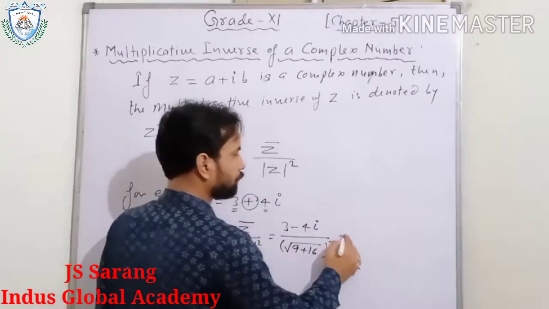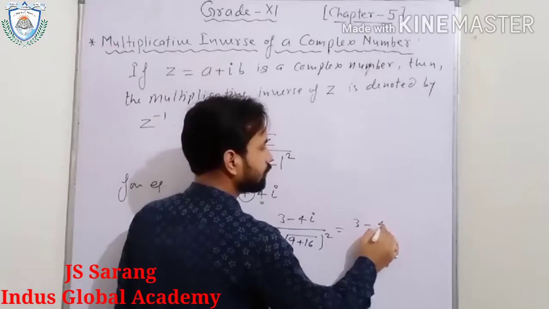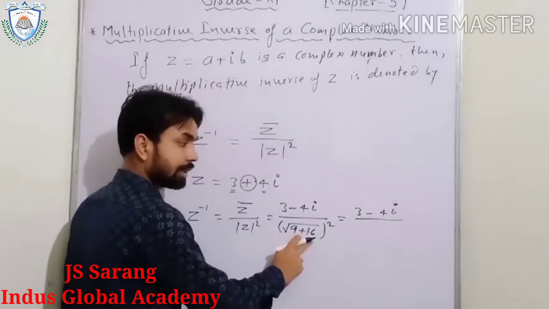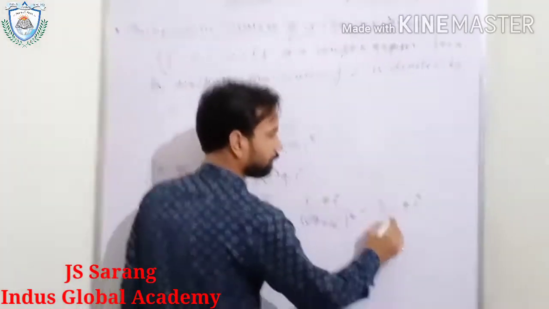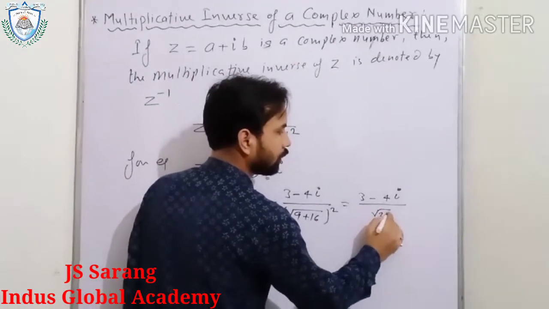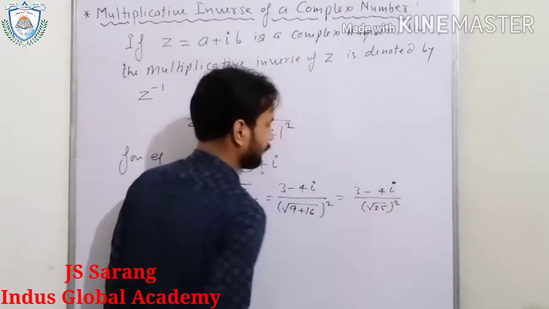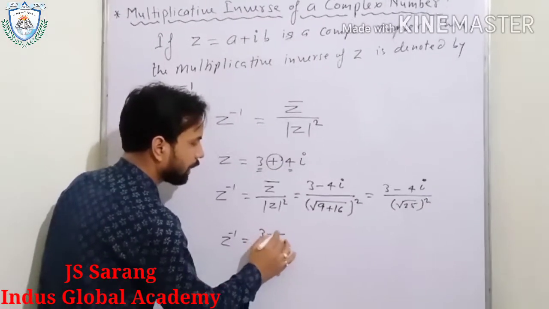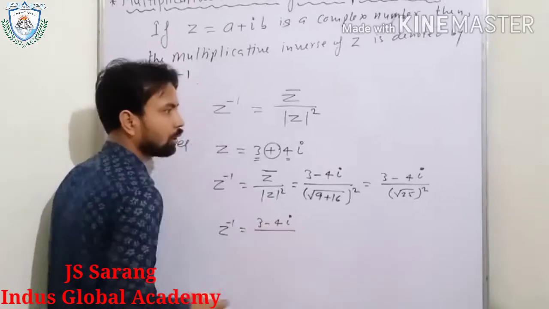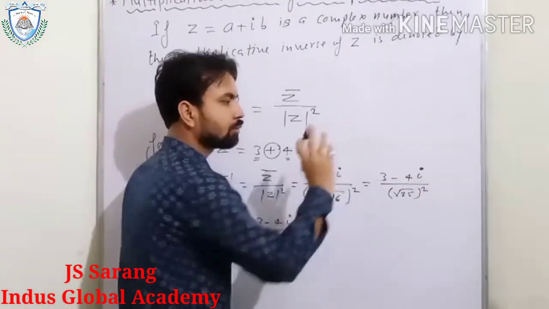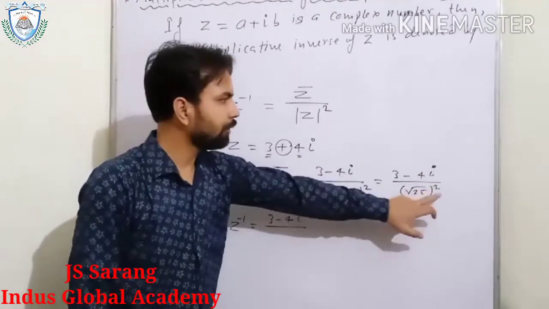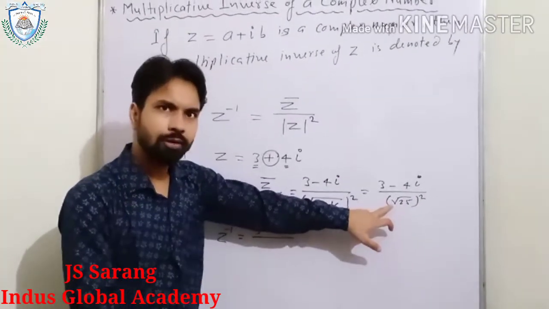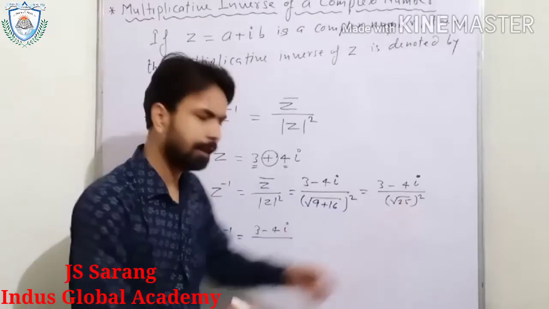Now see, 3 minus 4i upon 9 plus 16, it is under root 25, whole square. So z inverse equal to 3 minus 4i upon square root 25 square, and we know that if square and square root both are there, then the square root symbol will be removed. So what is left? 25 only.